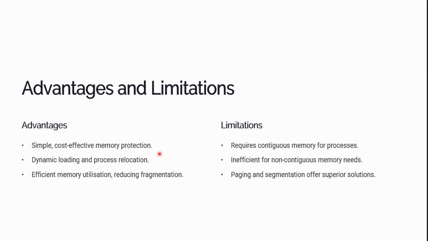It allows dynamic relocation of programs, as we have seen. It protects memory using base and limit checks. It enables efficient use of RAM. So these are all the advantages of the base, limit, and relocation registers.